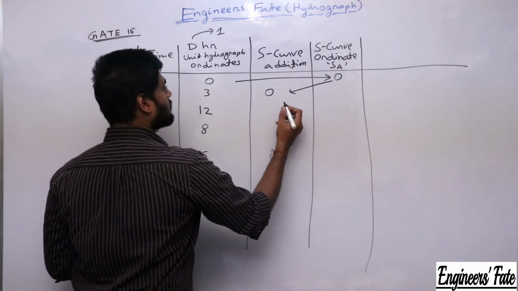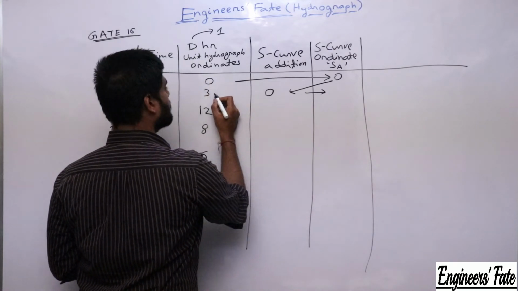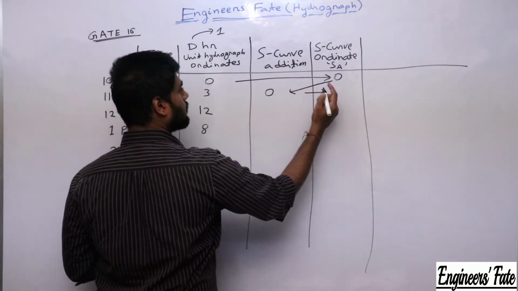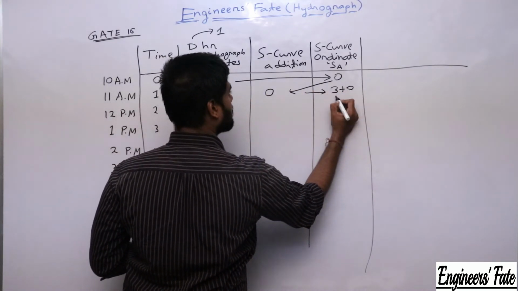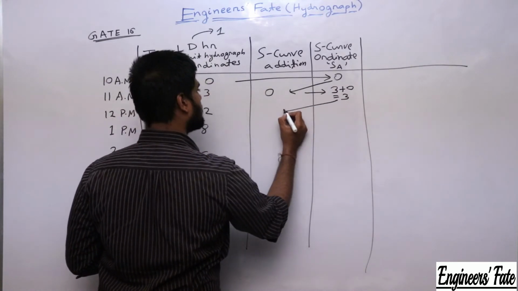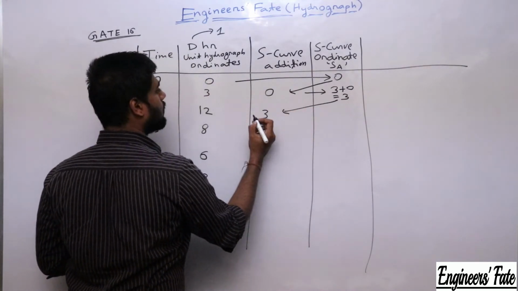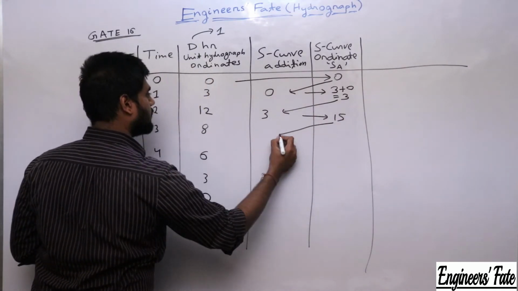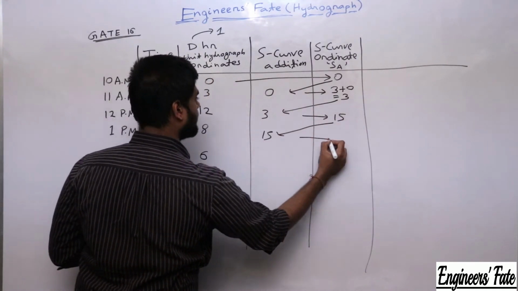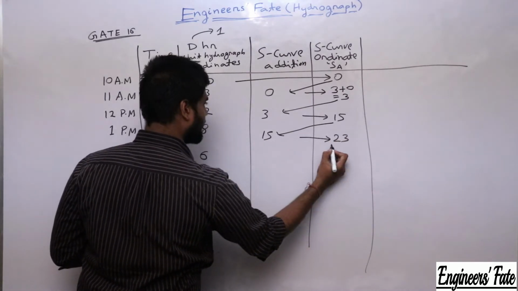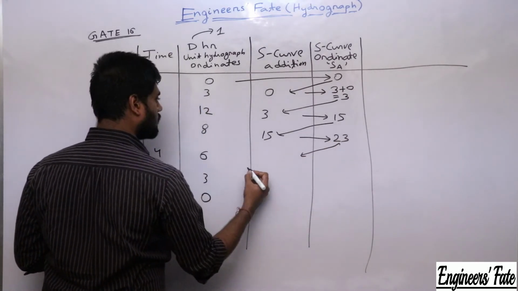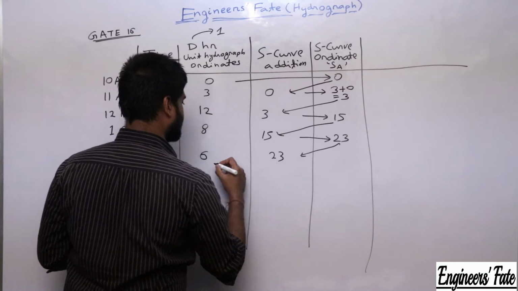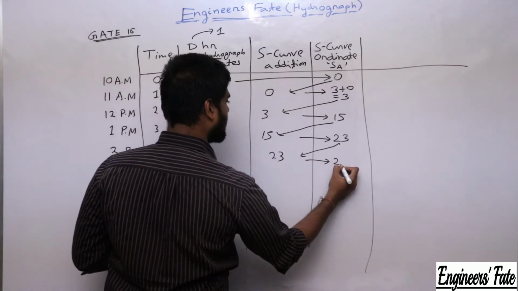So what will this ordinate be? This ordinate will be 3 plus 0, equal to 3. Again the 3 will come to this 12 plus 3, that will be 15. Now 15 will come to this, 15 plus 8, that will be 23. Again 23 plus 6, that will be 29.